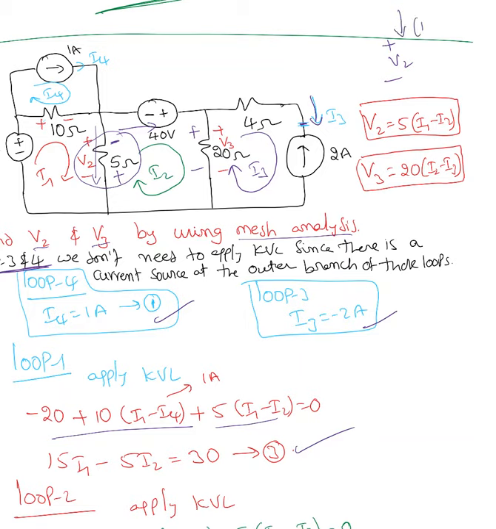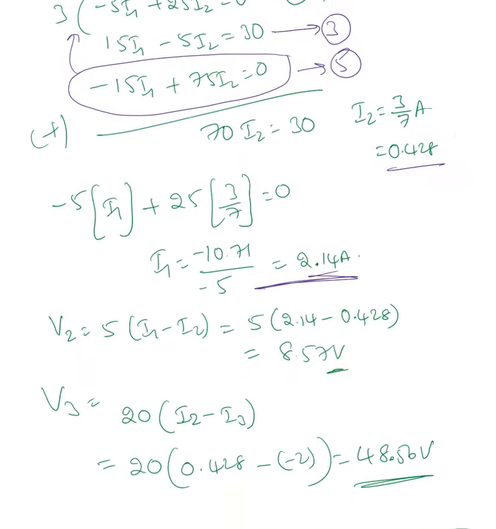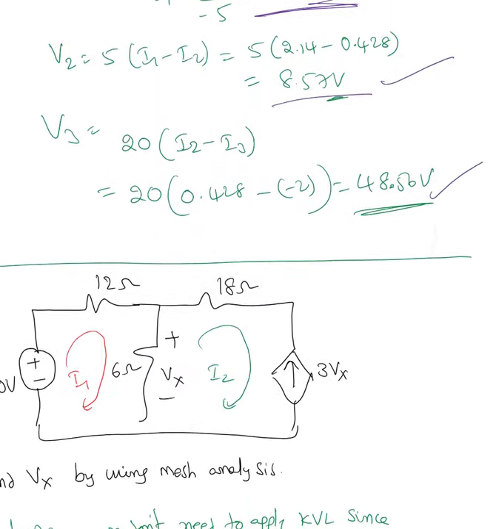Which current is going down? I1 is going down, I2 is going up, so this must be I1 minus I2. So V2 must be 5 times (I1 minus I2). Same way, V3 equal 20 times (I2 minus I3). So if I substituted those values, end up with V2 equal to 8.57 volts, V3 equal to 48.56 volts.